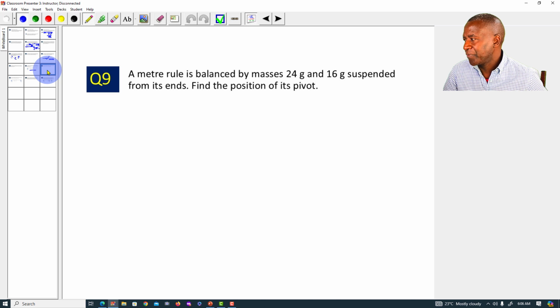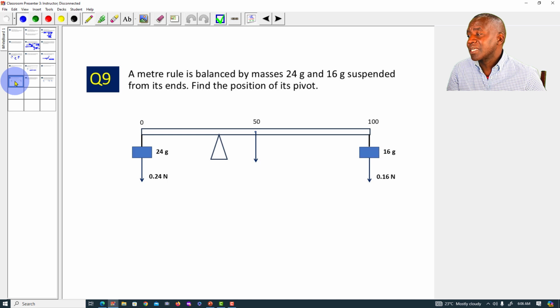All right. Now, this question, we've not been told whether we are dealing with a uniform meter rule. And even if we are dealing with a uniform meter rule, we've not been asked to assume that its weight is negligible because its weight is not provided for. So in the working out, I would expect that you will assume that its weight is negligible.